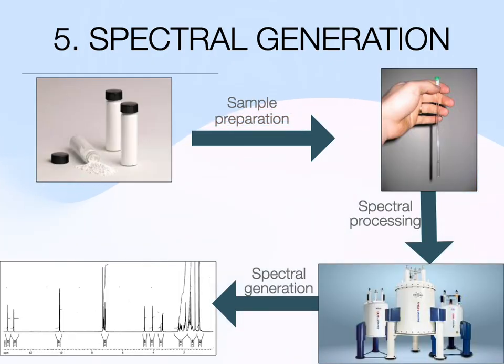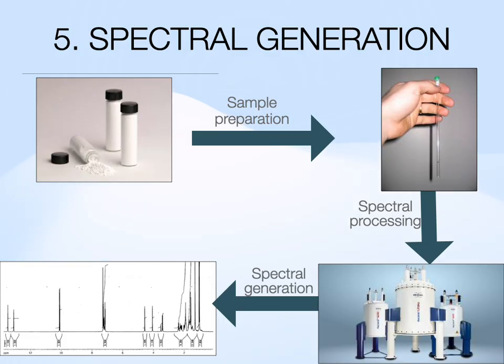Following the actual isolation of the pure compound, we're now in a position to prepare the sample for spectral generation. What that means is that we would take the sample itself, because we've isolated a pure compound, but we do not know exactly what it looks like in terms of its chemical composition.